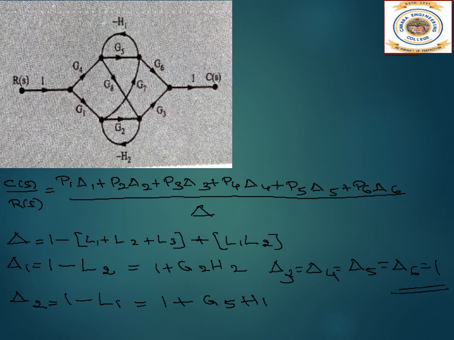So now we are done writing this. Let us now substitute. Now last step is only substitution is remaining. That's all you have to do. So now C of S by R of S. So we have to write P1. So P1 is G4, G5, G6.